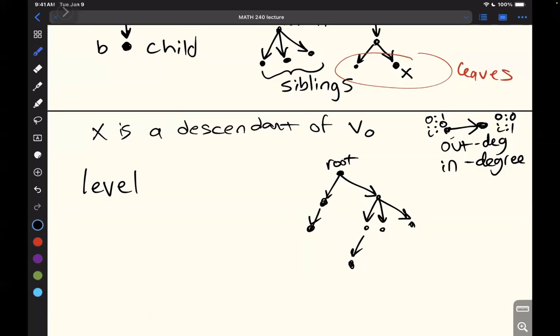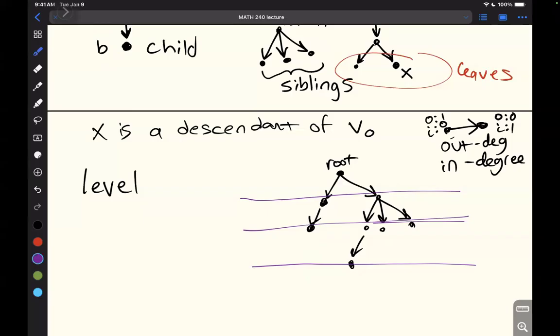When we order it and draw it like this, we start at the root, and we've got levels to this graph where each row of descendants is a new level. So that's a level, that's a level, and that's a level. This is order that we're imposing on this graph.